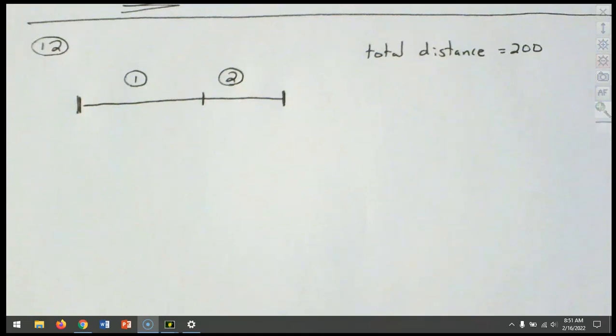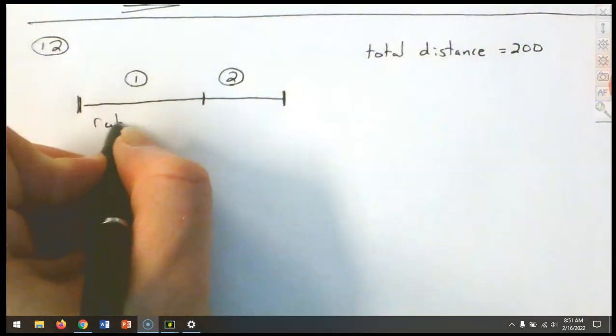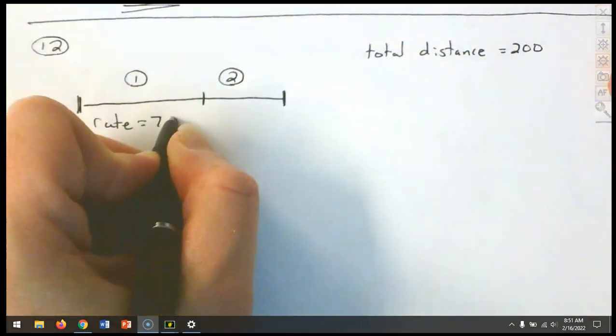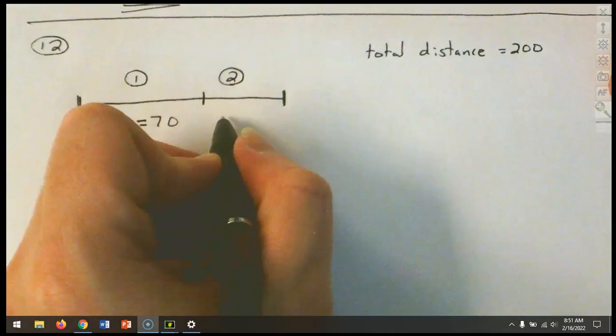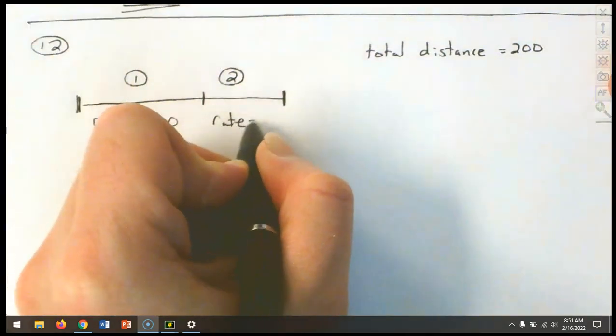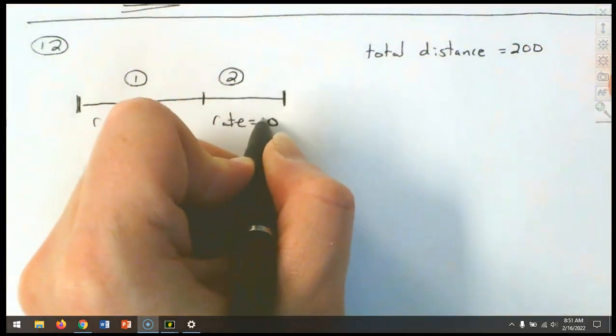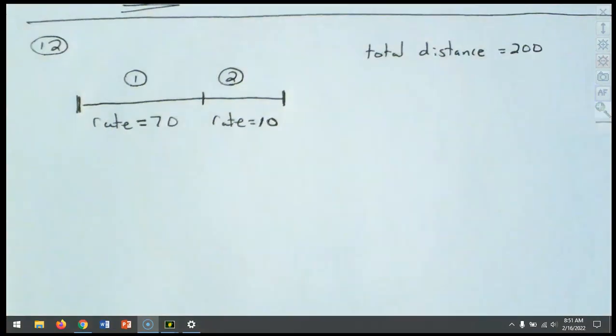And for most of the trip, he averaged 70. For one period, he was slowed down to 10 for an accident. So most of the trip, he's going to be on the highway at 70 miles an hour. And then he hits a major accident, and that slows everything down to 10. So that's what we've got so far.